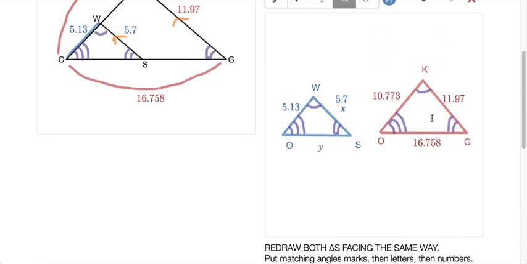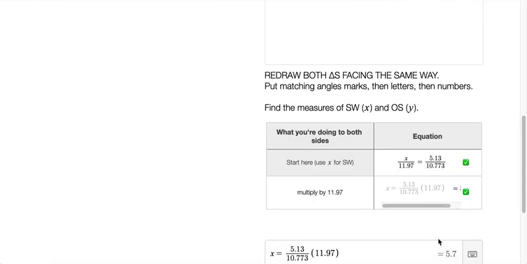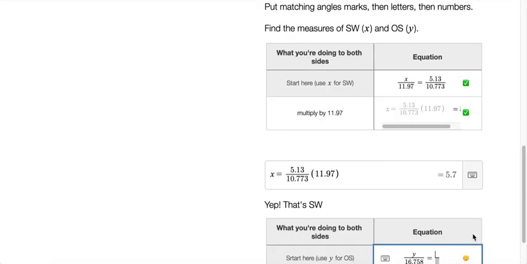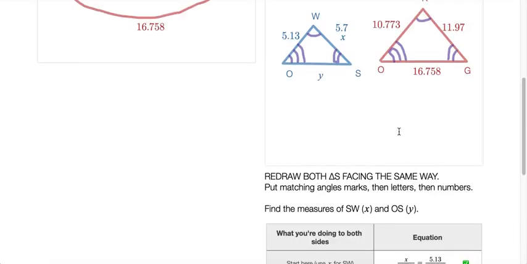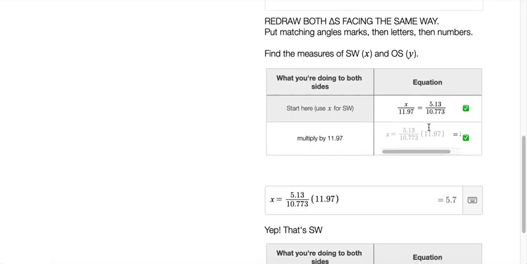We went small triangle over big triangle. The next ratio needs to be small triangle over big triangle. We have two numbers to choose from now. I'm just going to go with what I did the first time, 5.13. What does that match with? Well, I can see very clearly I drew it in the same place, 10.773.